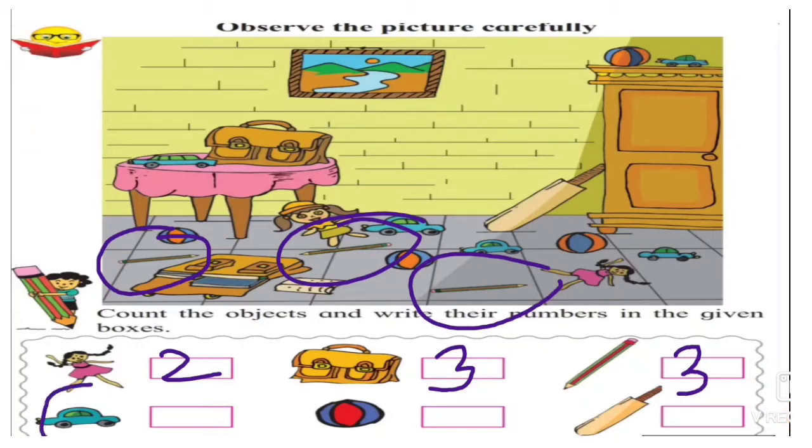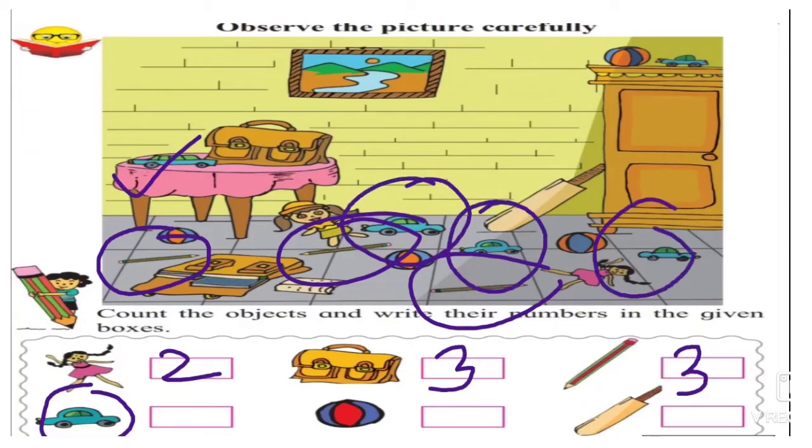What is this? This is a car. We have to find out cars. How many cars? Is there any car in this picture? Yes, there are many cars. Let's count and let's find. 1, 2, 3, 4 and one more car on the cupboard. 5.